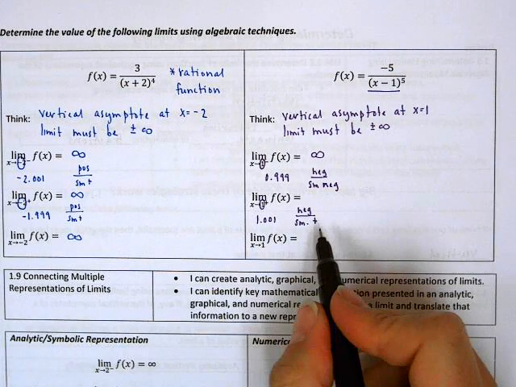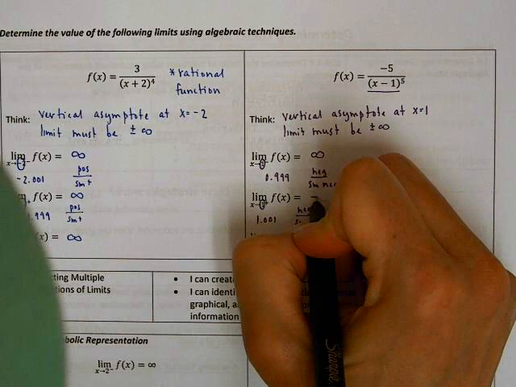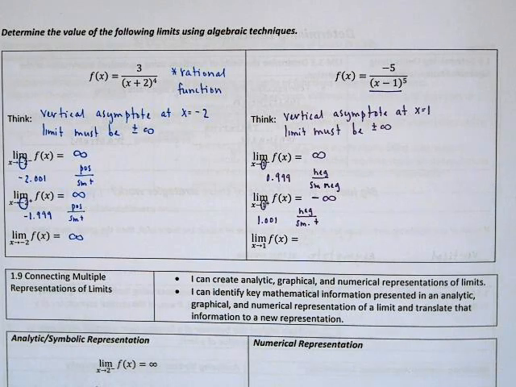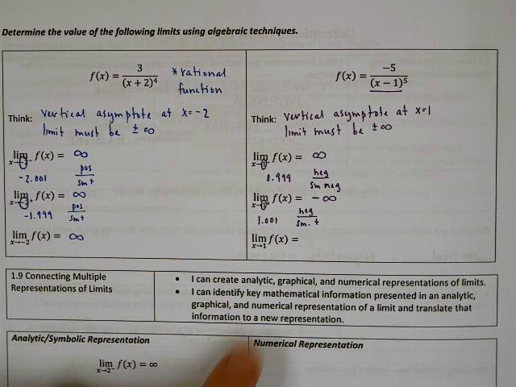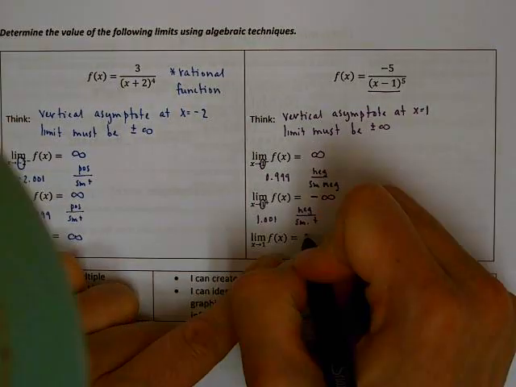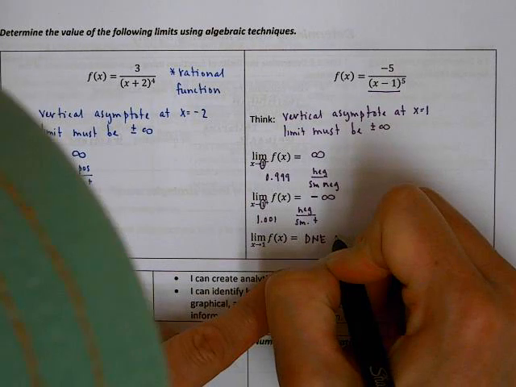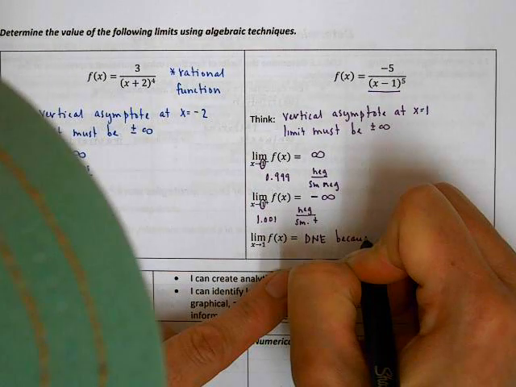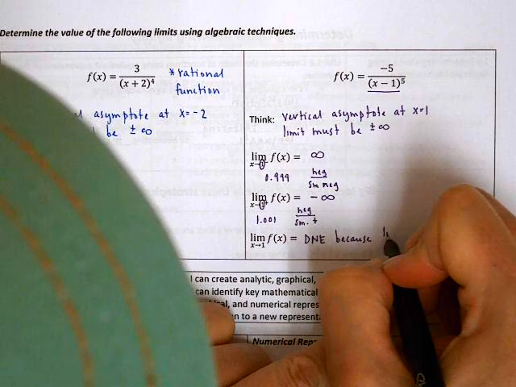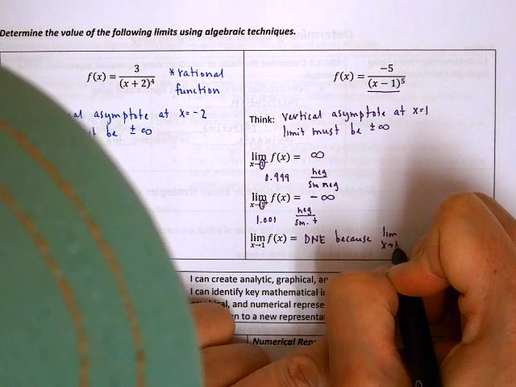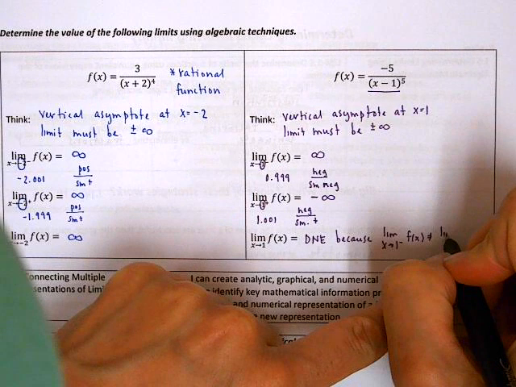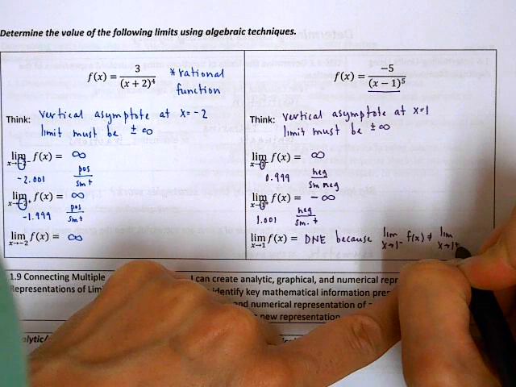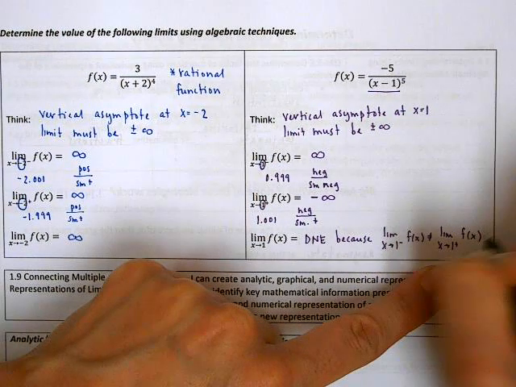So now negative divided by positive, this one has to be negative infinity. So in this case, for my two-sided limit, we would say that does not exist because the limit as x approaches 1 from the left of f of x is not equal to the limit as x approaches 1 from the right of f of x.